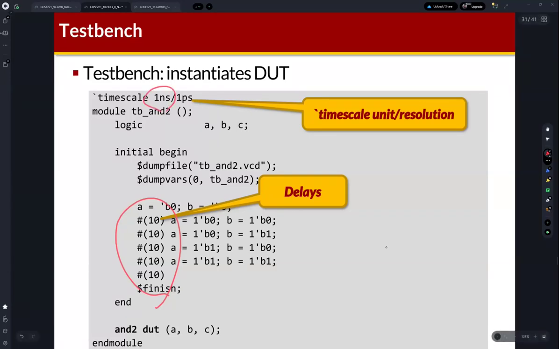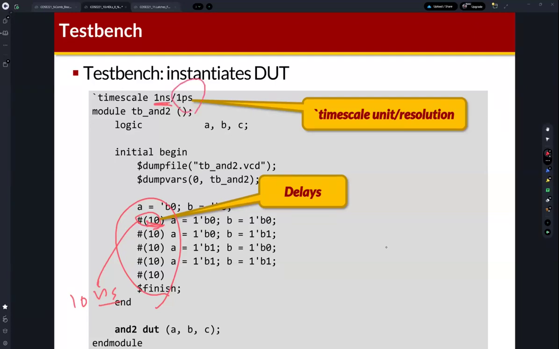So actually, the first number in this scale represents the time unit of this number. I mentioned that this is 1 nanosecond, which means that the number 10 represents 10 nanoseconds, because the unit of this time scale is nanosecond.